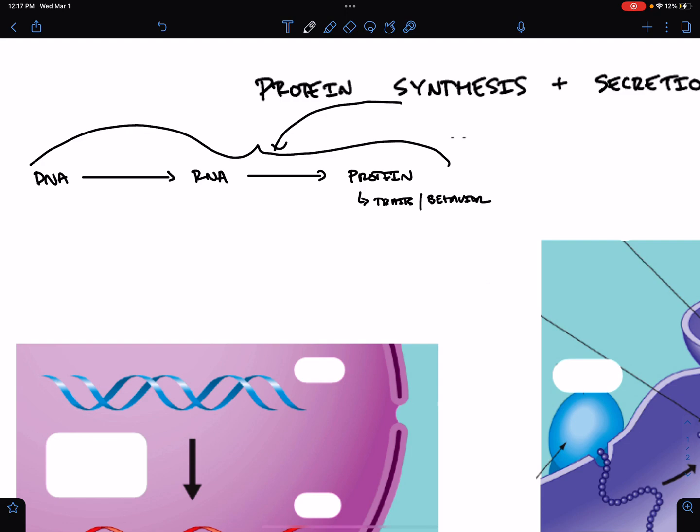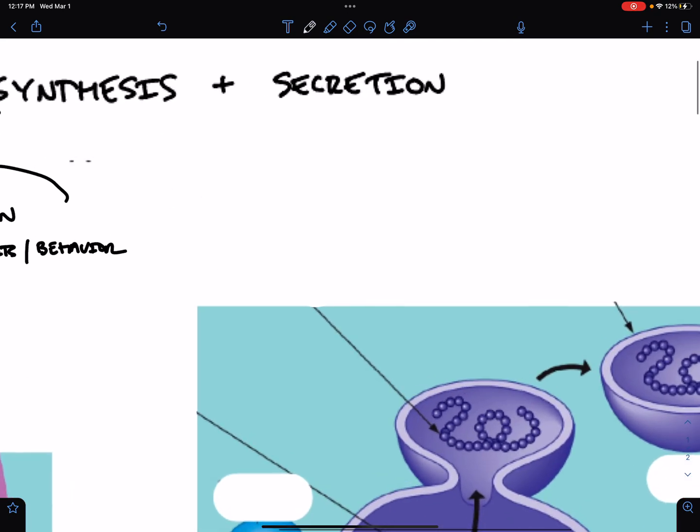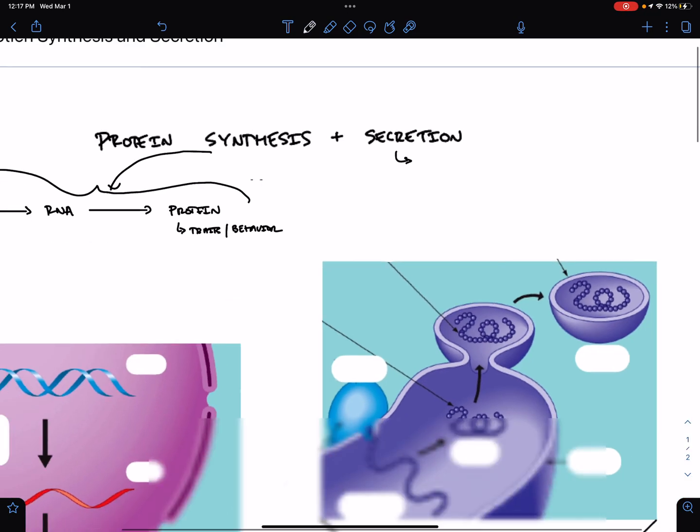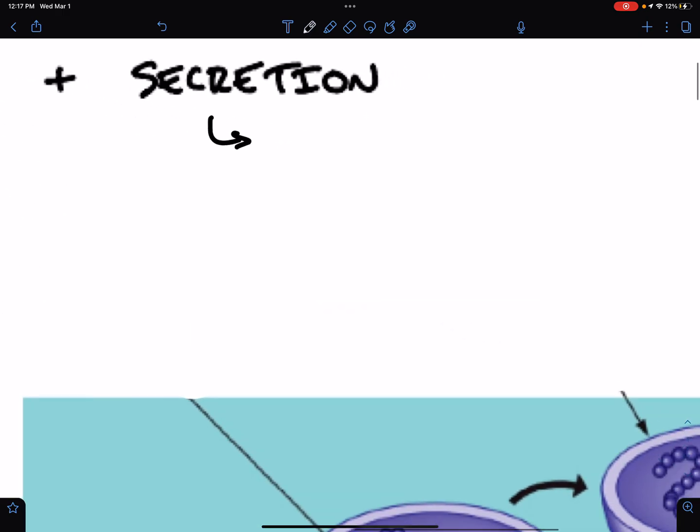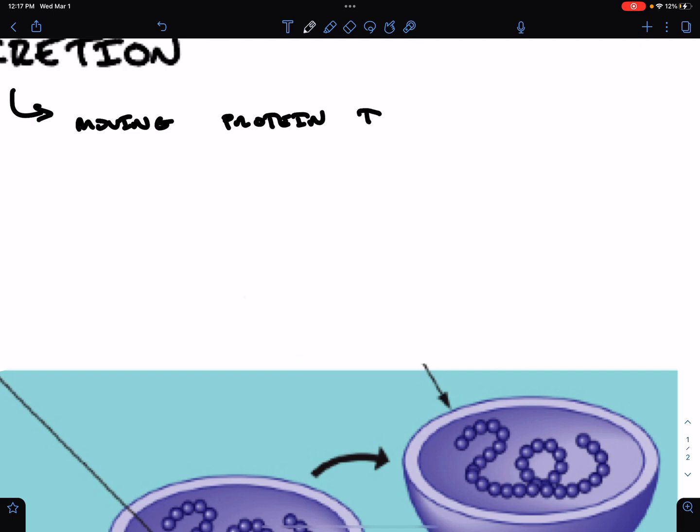And then secretion is moving these proteins through the endomembrane system.